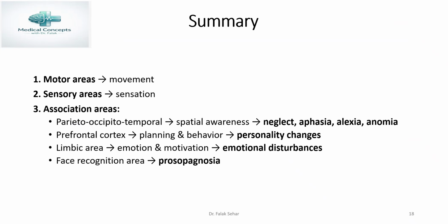In summary, the cortex has motor area for movement and sensory area for perception. The association areas integrate this information. The parieto-occipito-temporal region is responsible for spatial awareness and language-related functions. The prefrontal cortex controls planning and behavior. The limbic system governs emotions and motivation.